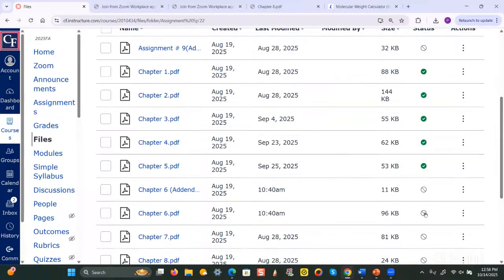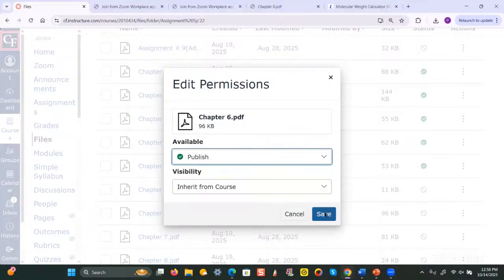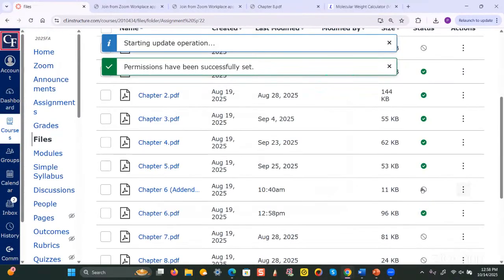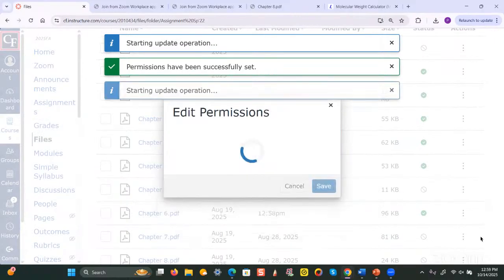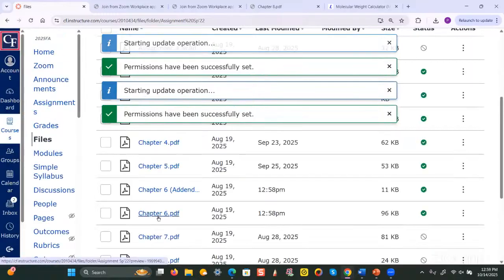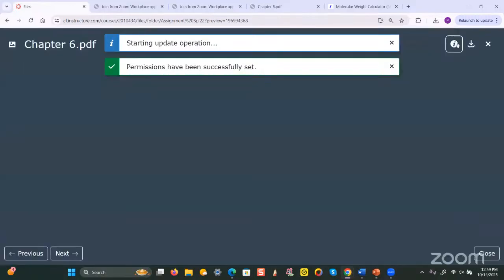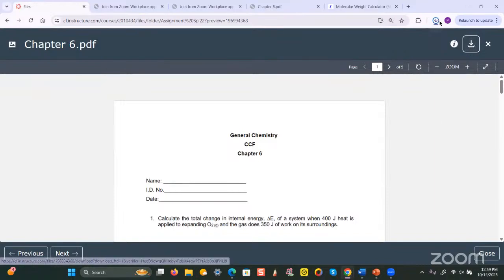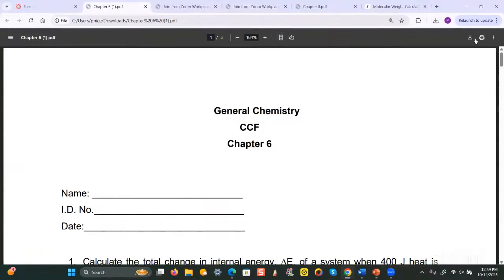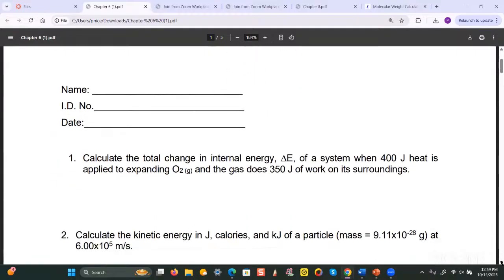Okay, so let me publish that. And there's also another link, which is an additional. I'm going to publish that as well. All right. I think I have both of them in the documents that I've passed out in this class. So let me open this up. All right, so, okay, so number one, that's what we're going to look at now.